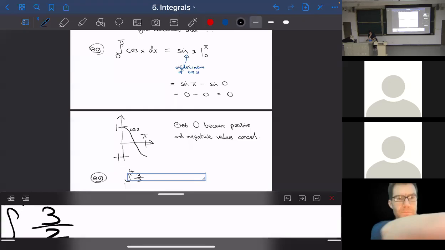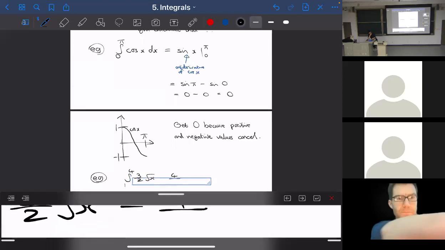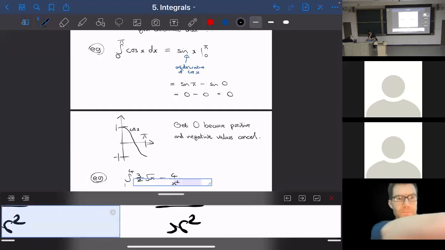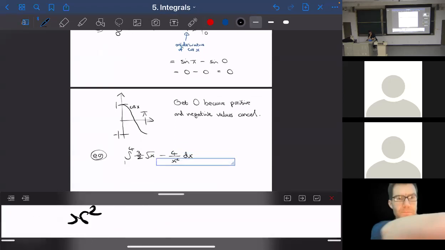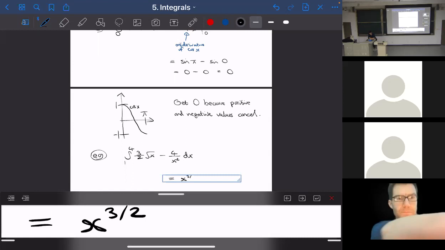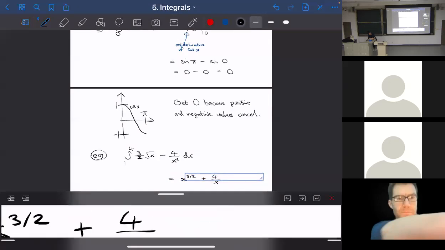So if I have the integral of 3 over 2 root x minus 4 over x squared dx, how to calculate that? Well, I find an antiderivative. So in this case, x to the power 3 over 2 plus 4 over x, that's an antiderivative.